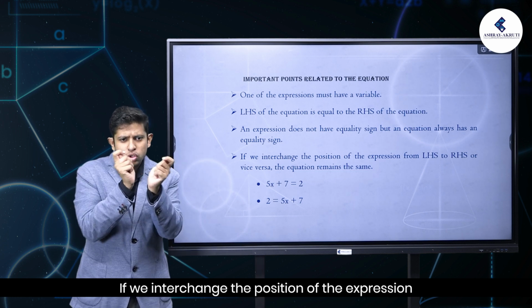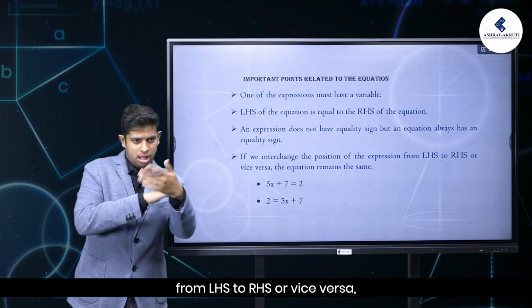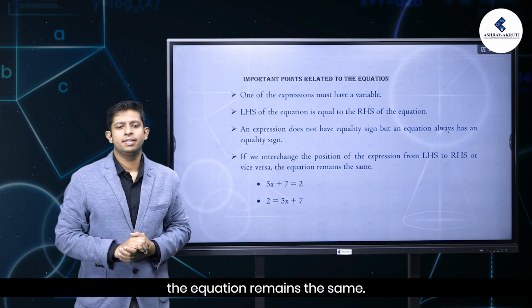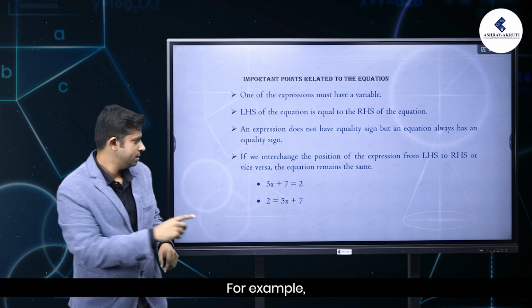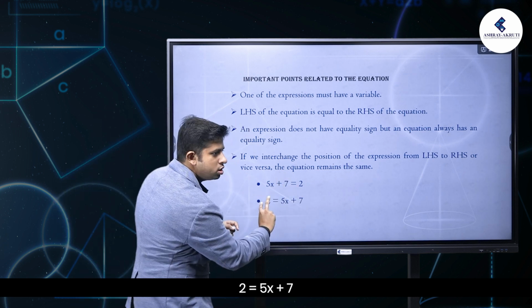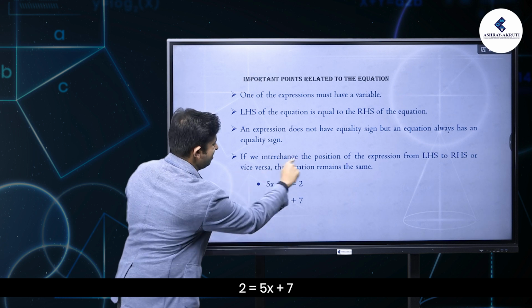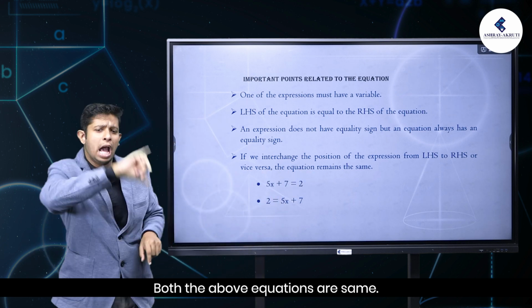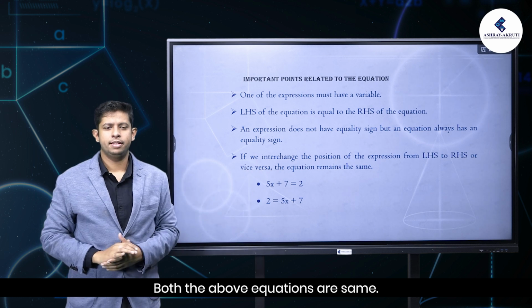If we interchange the position of the expression from LHS to RHS or vice versa, the equation remains the same. For example, 5x plus 7 is equal to 2, and 2 equals 5x plus 7. Both the above equations are the same.